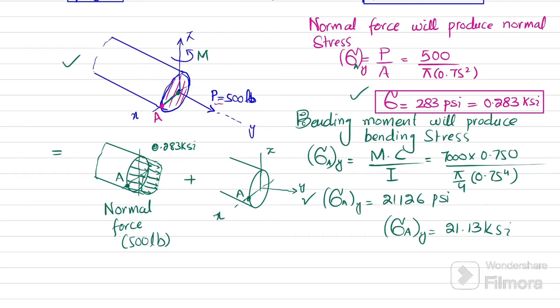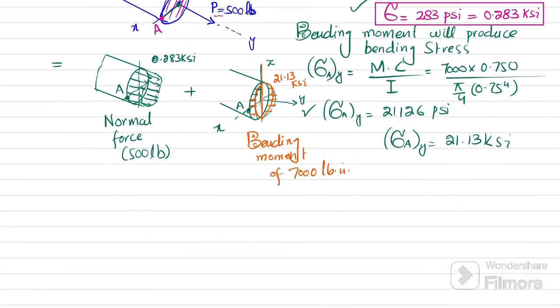The stresses will be like this, and about the z-axis the stress will be 0 at the middle and maximum at the outer surface. This is the bending stress due to the bending moment of 7,000 pound-inch, and this bending stress is 21.13 ksi.